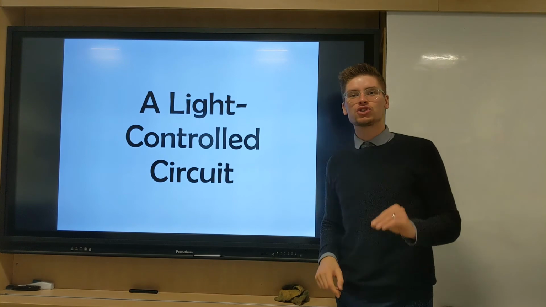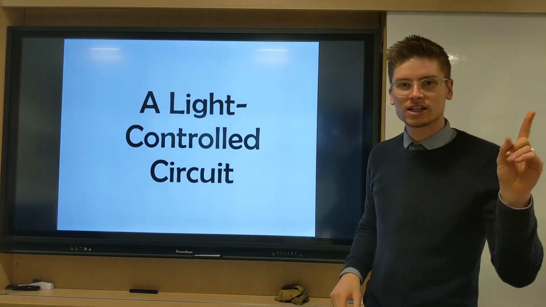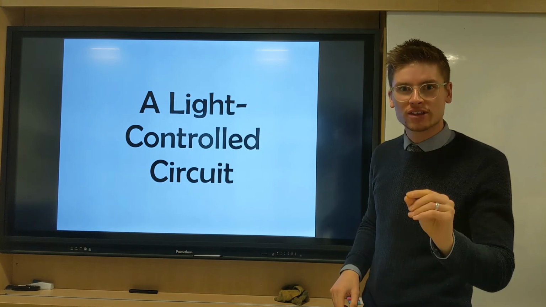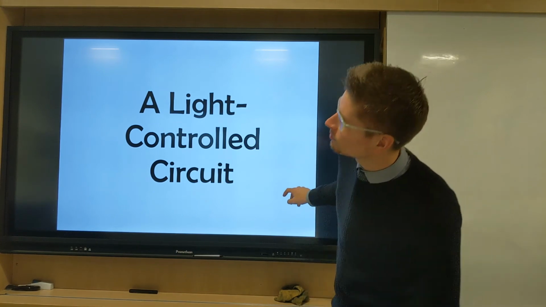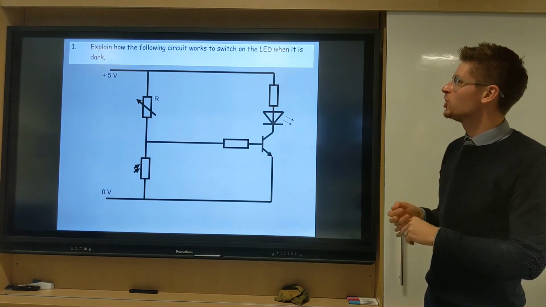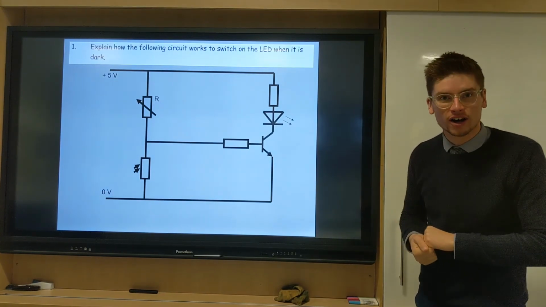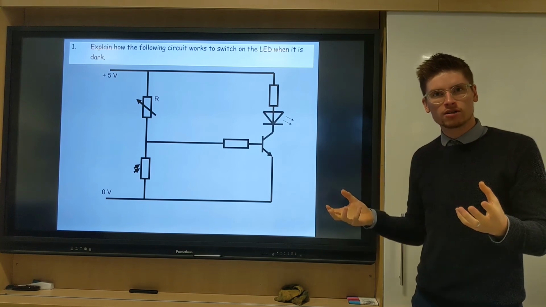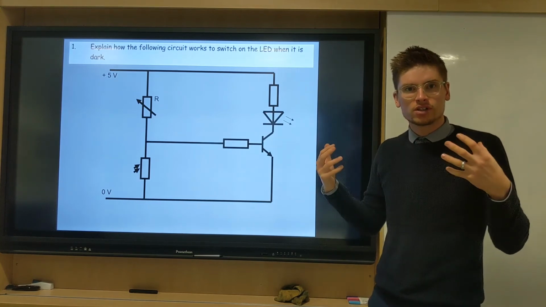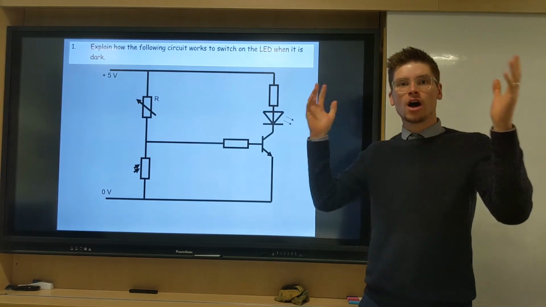Right, a light controlled circuit. Remember back to LDRs that I talked about in the input devices? We need to remember those now because we're going to see how that affects a real circuit. So circuit 1. Explain how the following circuit works to switch on the LED when it is dark. So when it's dark, remember, light up, resistance down. So if it's dark, light down, resistance up.